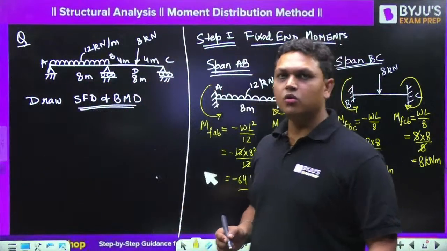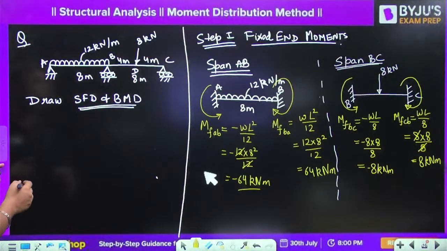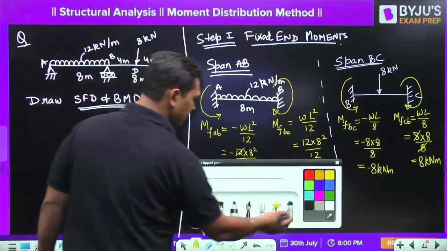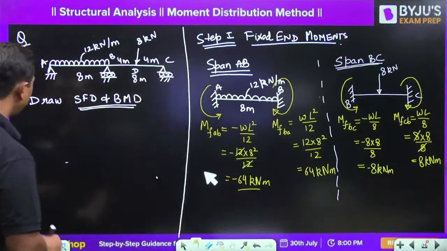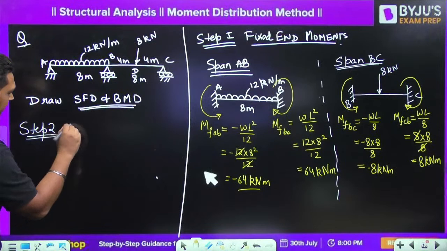Now in step number 2, we are going to find out the distribution factors. So let me do step number 2 over here. Some points that I would like to note down: step number 2, distribution factor.